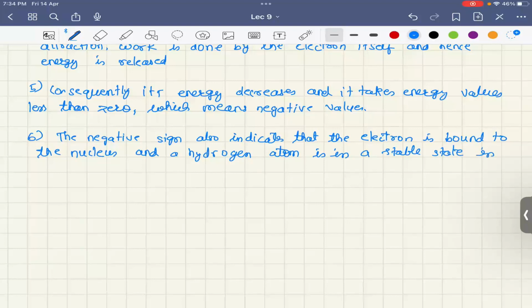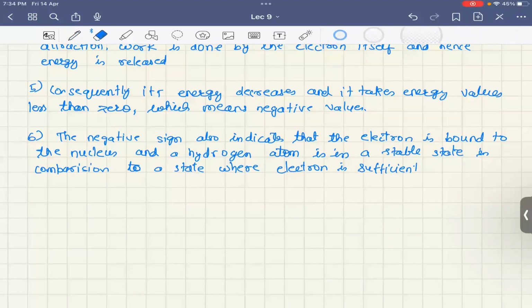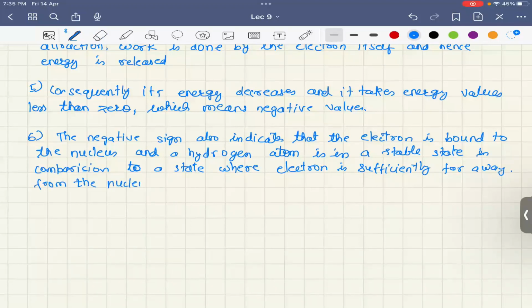In comparison to a state where the electron is sufficiently far away from the nucleus, right?